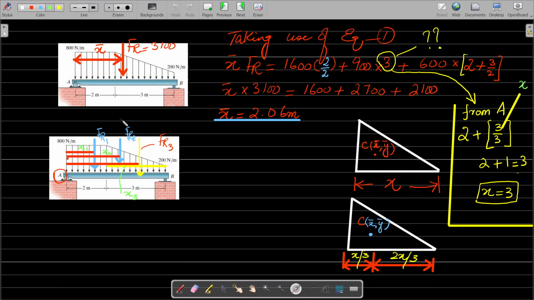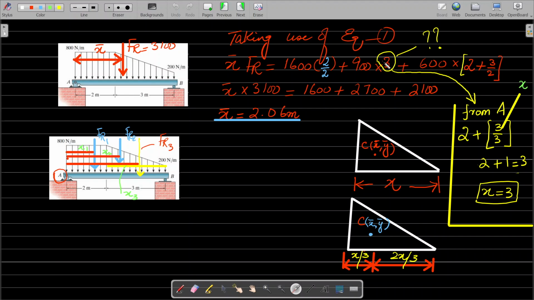Plus, for the triangle, it will be the area of the triangle times the location of its centroid, which is located at C.